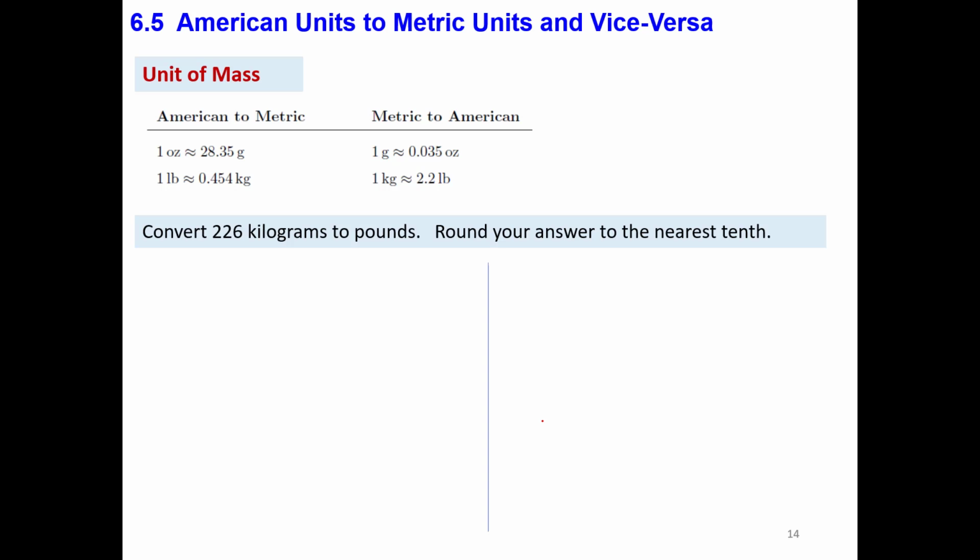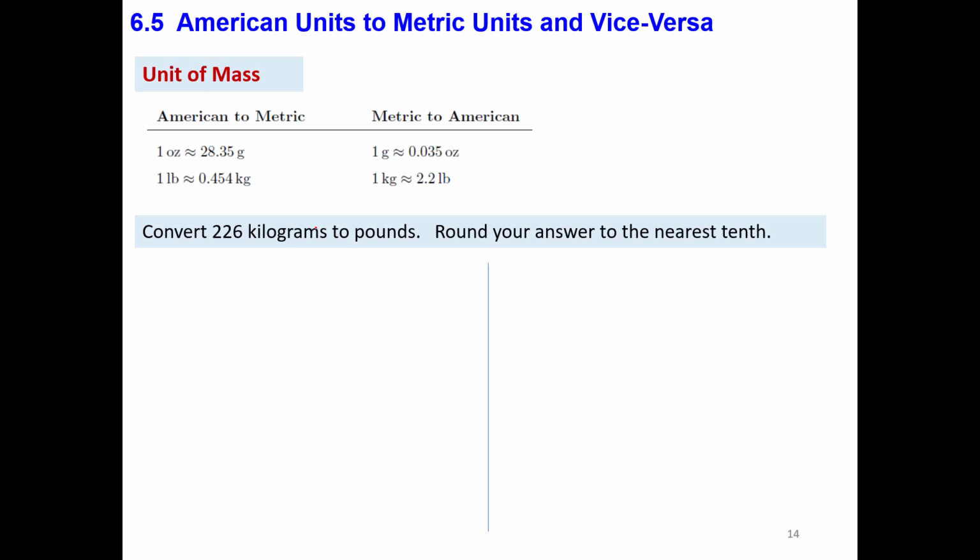Here we have the conversion factors we can apply. 1 ounce is 28.35 grams, 1 pound equals about 0.4540 kilograms, 1 gram equals 0.035 ounces, and 1 kilogram is about 2.2 pounds. We can use either conversion factor, and I will use both to show you that you can use either one.